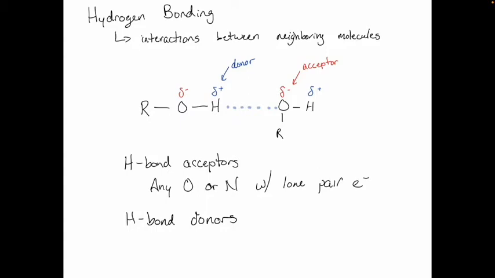Hydrogen bond donors are hydrogens in bonds with oxygen and nitrogen. We didn't talk about any hydrogen bonding with our alkanes because those are carbon-hydrogen bonds. The hydrogen has to be bound to either oxygen or nitrogen, a good electronegative element.